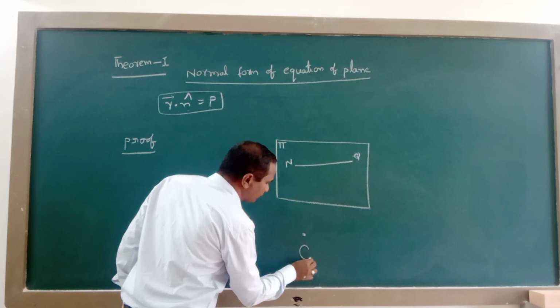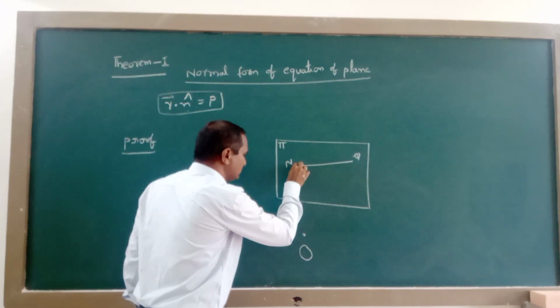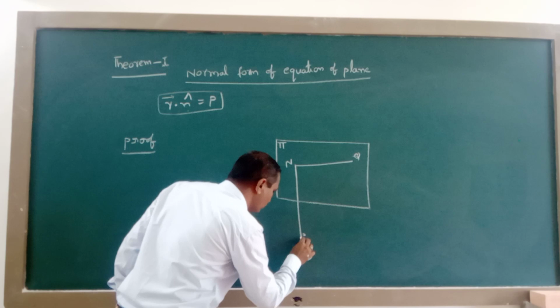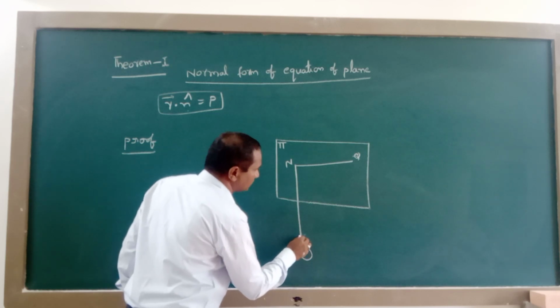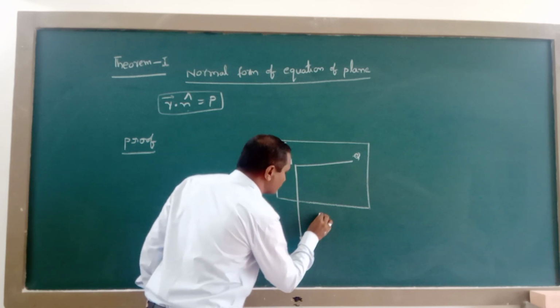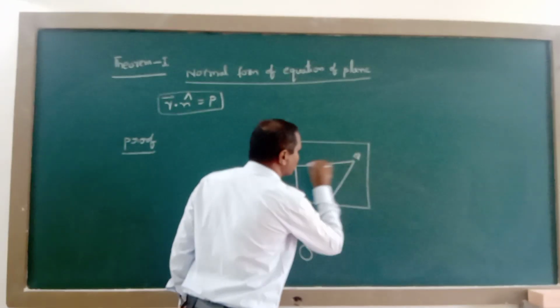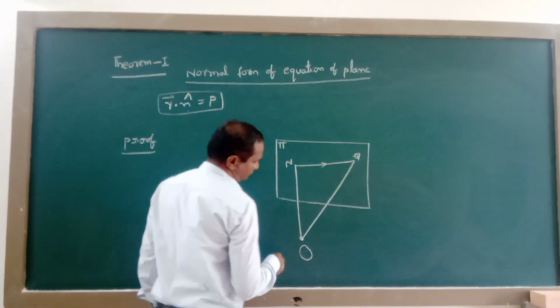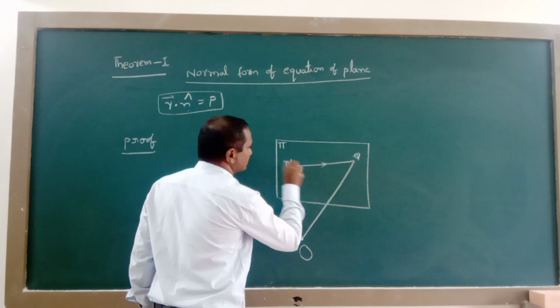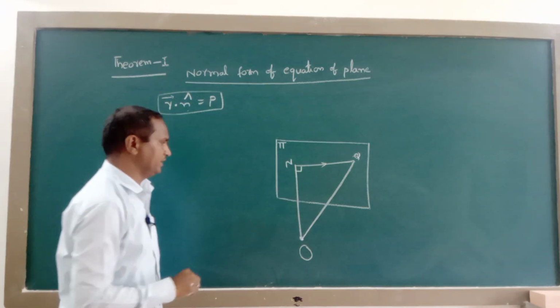Here O is some fixed point in that space. Join O and N, next join O and Q also. ON is always perpendicular to NQ.